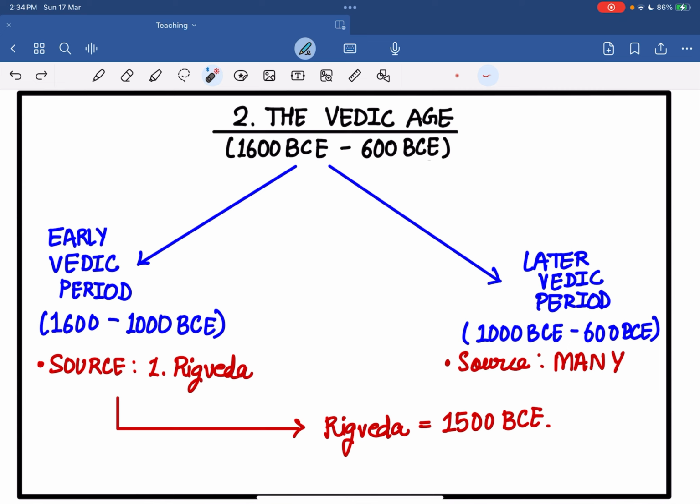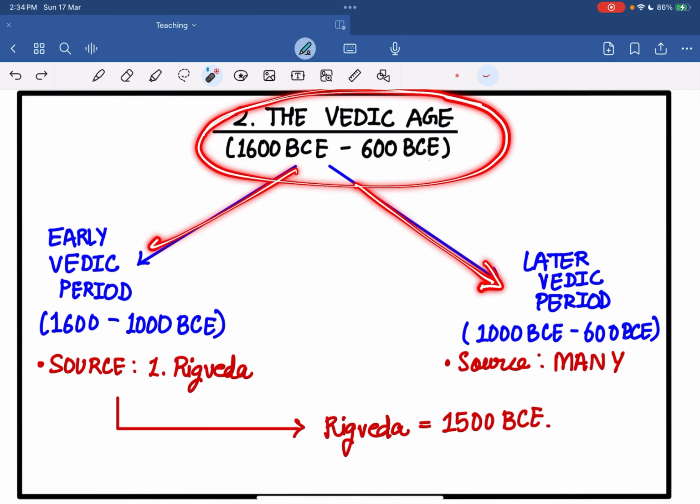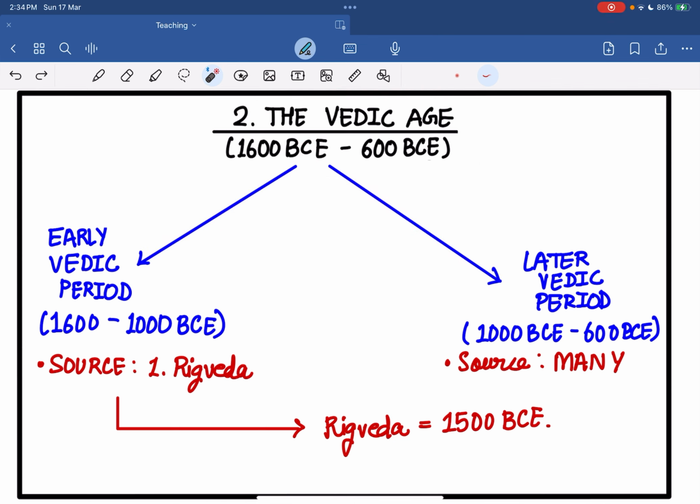See, one thing is for sure. If this one large chunk is divided into two segments, there has to be a period of distinction, some line for why we are separating the early Vedic period from the later Vedic period. We'll learn why. For the early Vedic period, we've got one direct source and multiple indirect sources.